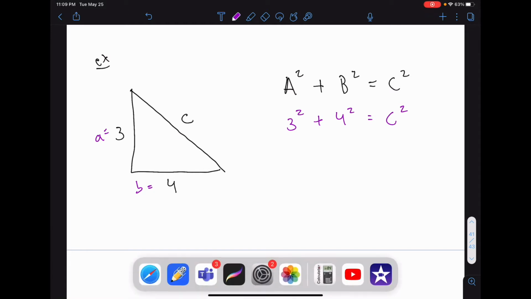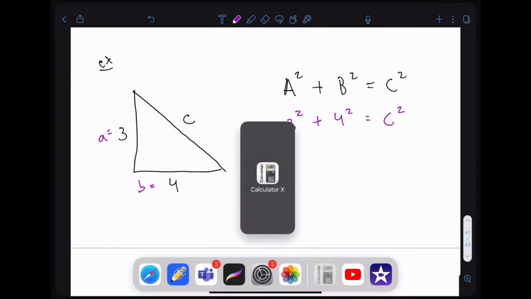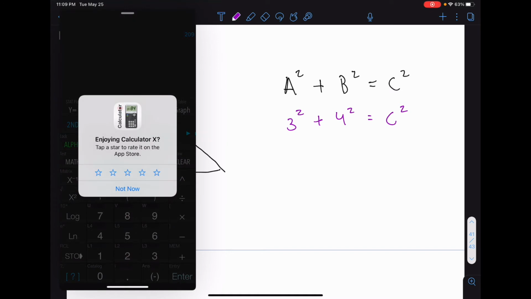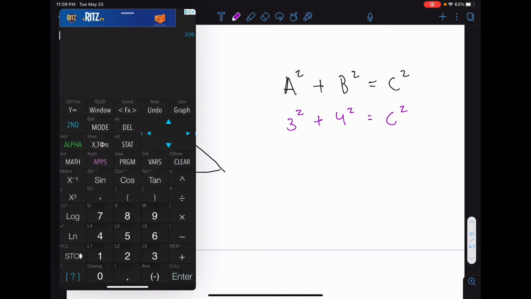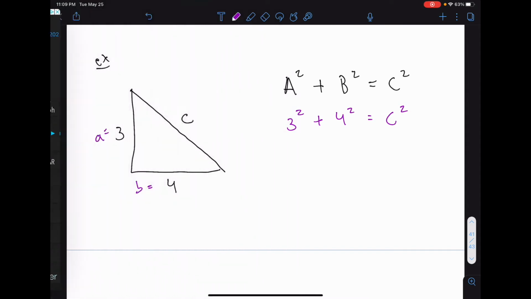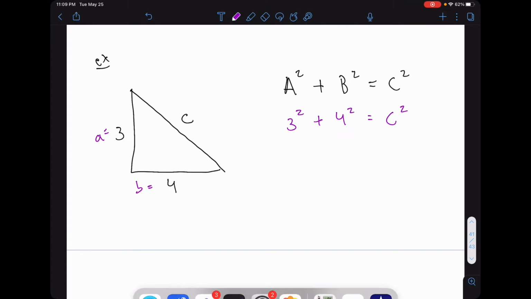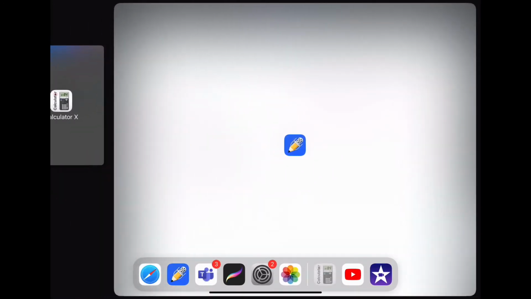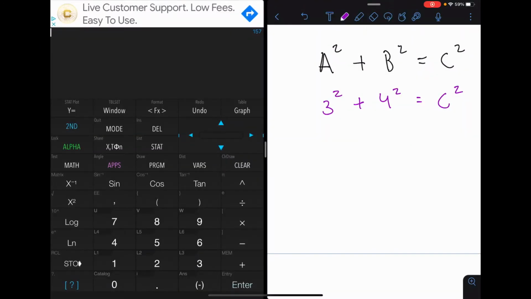So now let's just use our calculators because you can use calculators. Give me 1 second, let me do this again. Alright, now I use my calculator.